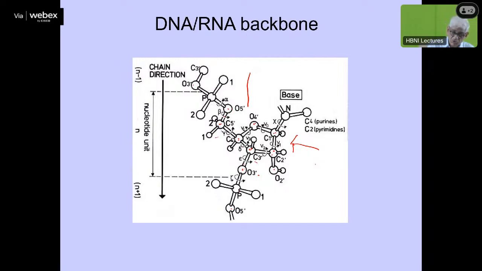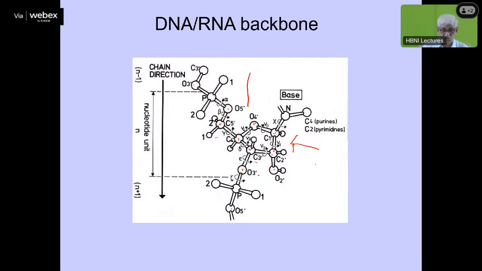These are all single bonds, and a single bond means there can be free rotation around it. Therefore, the geometry of this entire nucleotide unit will depend upon these various torsion angles. So this is the fundamental unit.